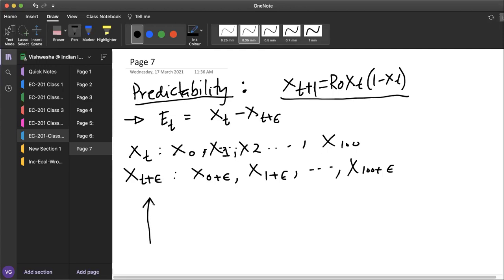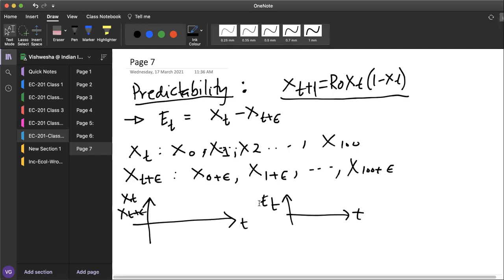So what did you find for this? I had asked you to plot both xt and xt plus epsilon, and I had also asked you to plot et this time. What did you find? I haven't actually seen your results. Let me guess what you would have found.